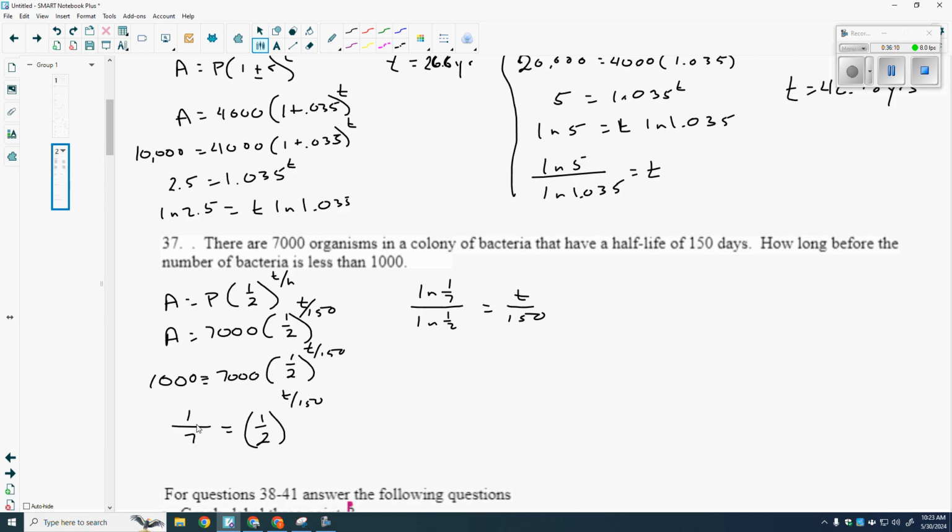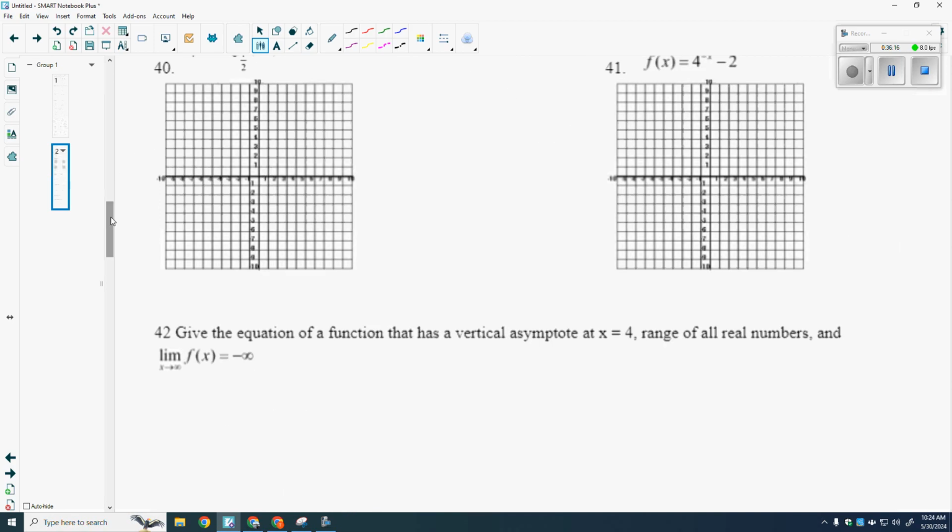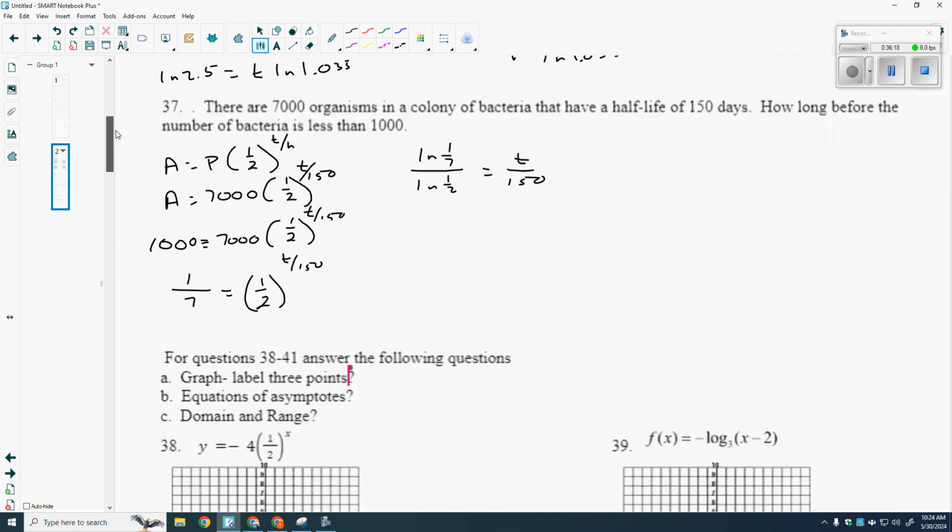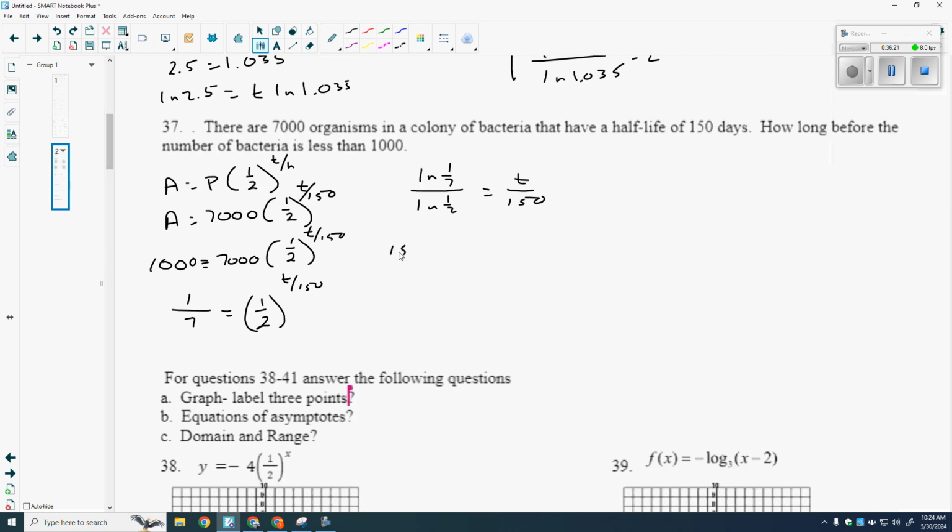The natural log of this divided by the natural log of that equals that. Multiply both sides by 150. Grab a calculator, type that mess in, and you should get 421 days.